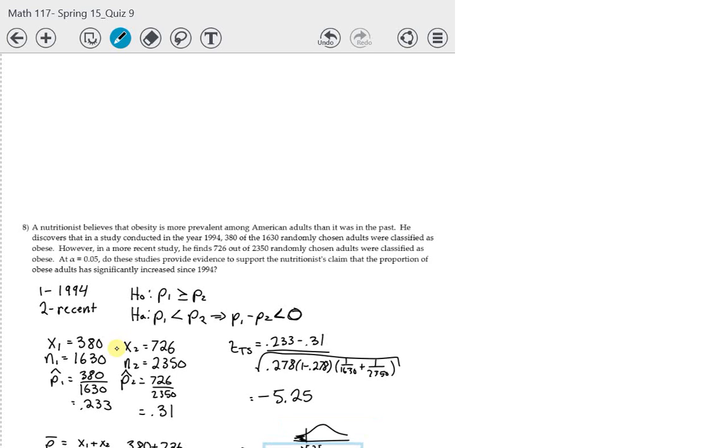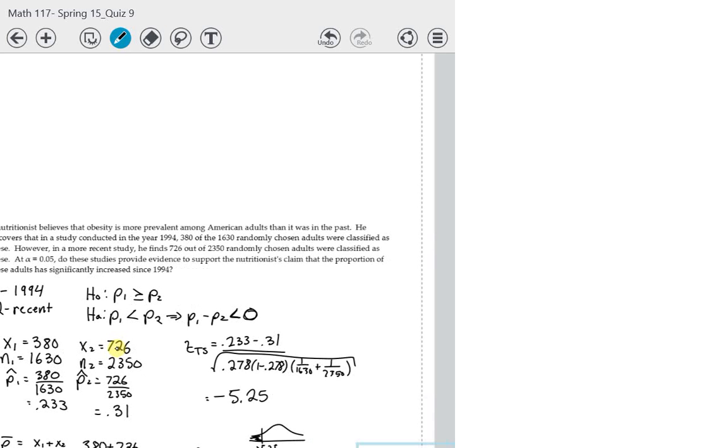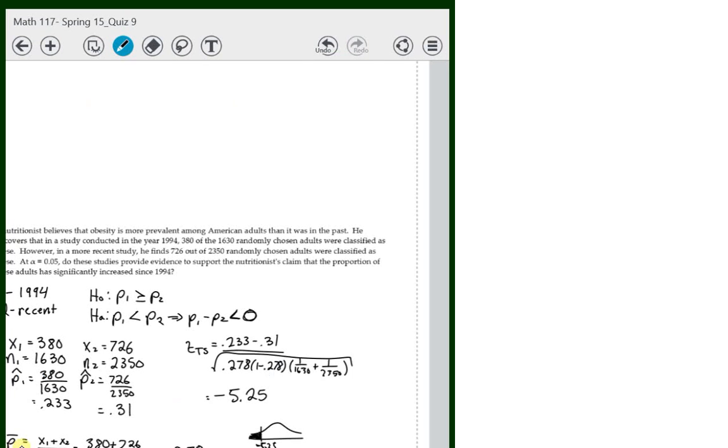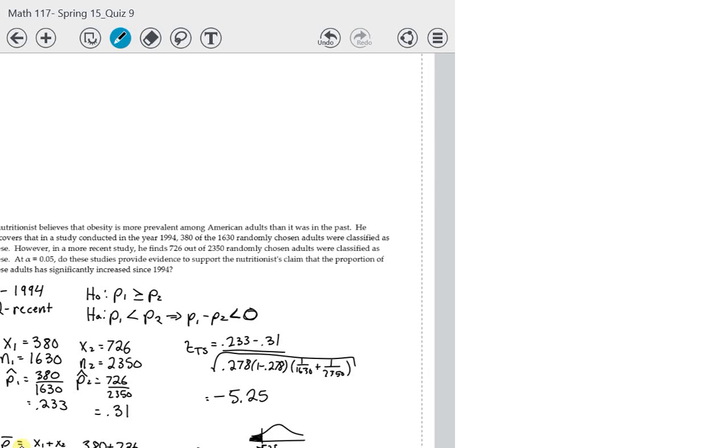It's a z-test, so the p-value is going to equal NORM.DIST of negative 5.25, comma 0, 1, true. Okay, you don't need to do 1 minus or anything for this one, right? Because it's the area that is behind negative 5.25, which is exactly what NORM.DIST will give you. It gives you the area that's behind the number that you put in. Okay, so this is calculated in Excel. You see it's approximately 0. So we can just write approximately 0.